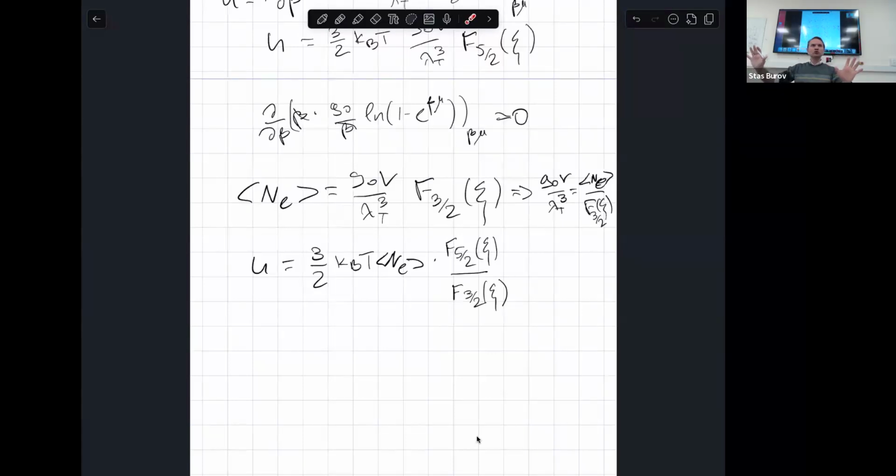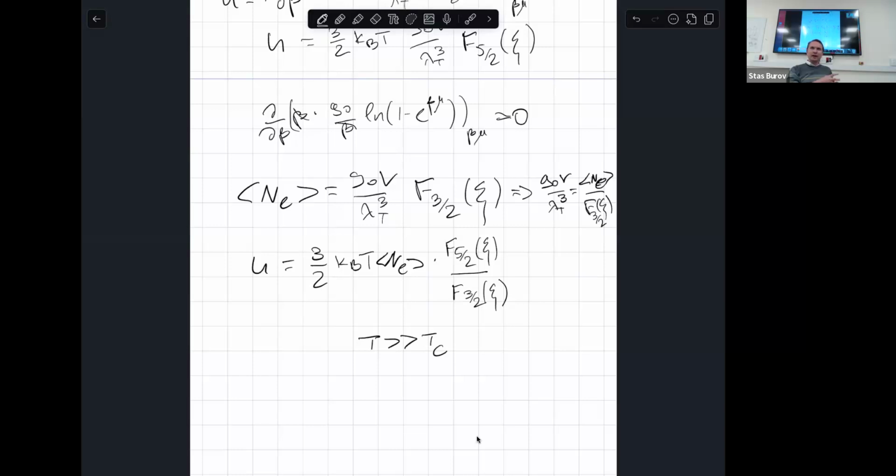Now, we can look at two limits, the large temperature limit and the small temperature limit. Why am I looking at the large temperature limit, when T is larger than Tc? Because I can check myself in this limit. What do I expect to observe for the energy when the temperatures are extremely high?